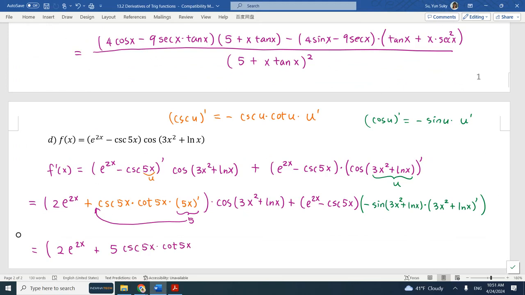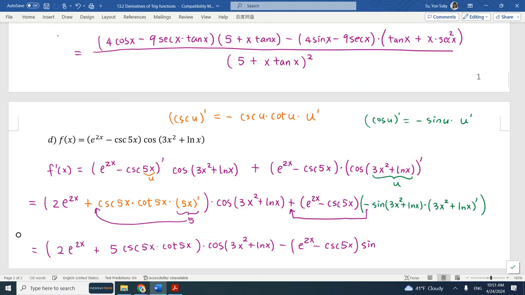cosecant 5x, cotangent 5x. And then next factor, don't change it. Copy that. Next factor, don't change it. Copy that. Okay, do you see this negative? Can we move the negative in front of the product? Yeah, so we change this to minus.